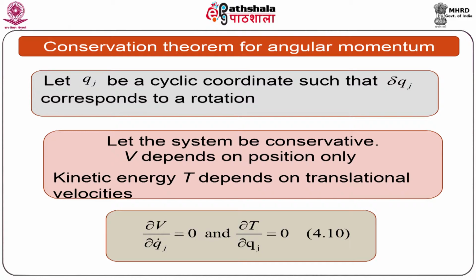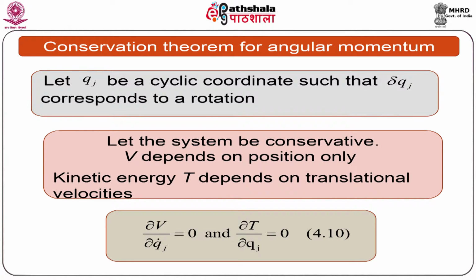In such cases, the sum of kinetic energy and potential energy remains conserved, that is, fixed. Then the potential energy V depends on position only. It is well known that kinetic energy T is equal to half into mass into velocity square. So, kinetic energy T depends on translational velocities, which are not affected by rotation.